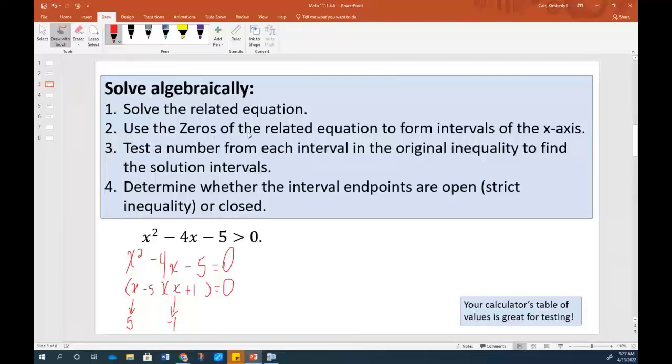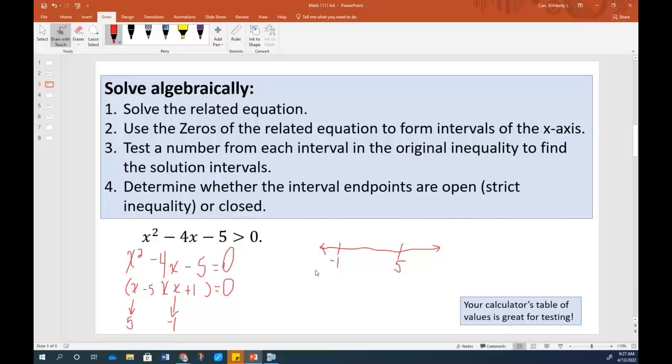Step 2, use the zeros of the related equation to form intervals of the x-axis. So it's not that it has to be a perfect x-axis, and we're not really worried about spacing. You just want to put these on there so that you have them from left to right. So somewhere on this axis there's a negative 1, and somewhere to the right of it there is a 5.